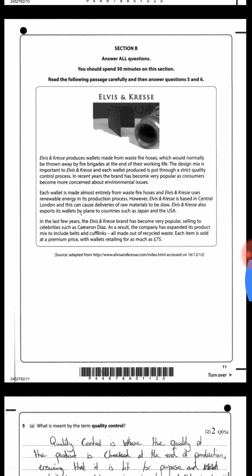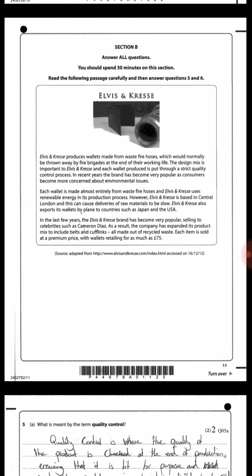In the last few years, the brand has become very popular, selling to celebrities such as Cameron Diaz. As a result, the company has expanded its product mix to include belts and cufflinks, all made out of recycled waste. Each item is sold at a premium price, with wallets retailing for as much as £75.